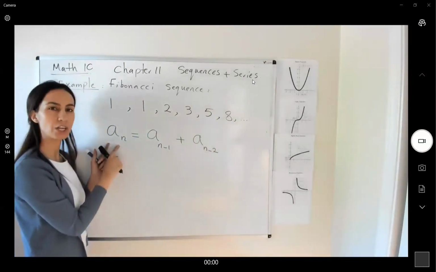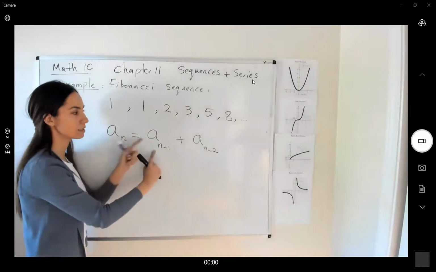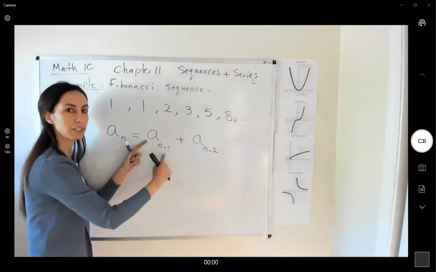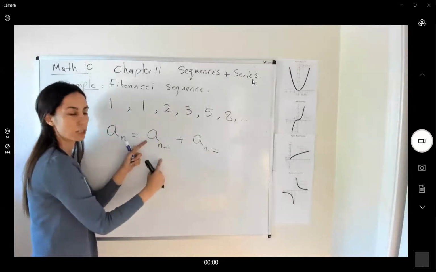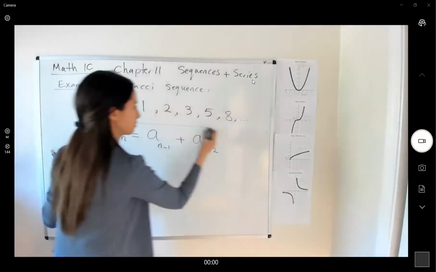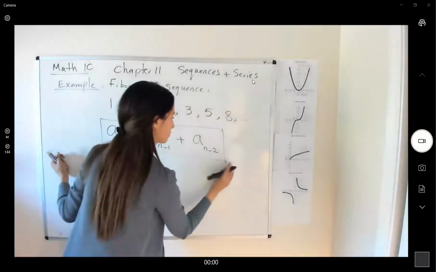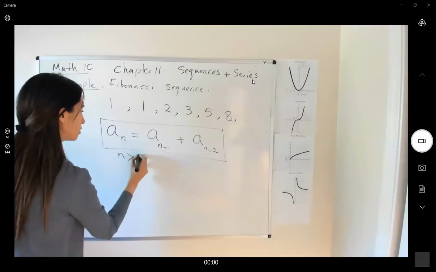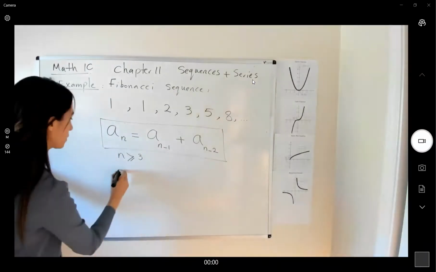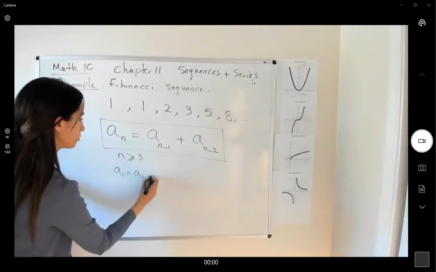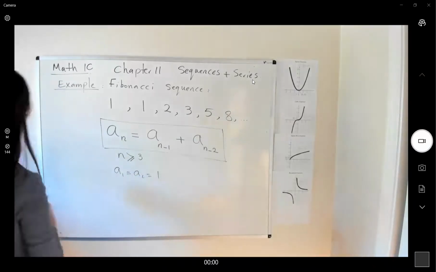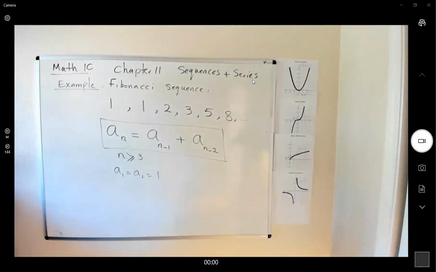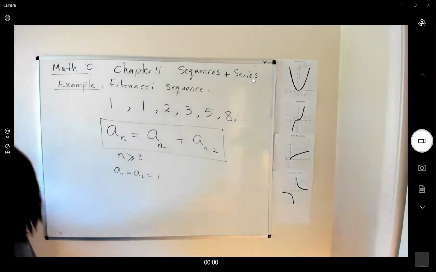So the general term of your sequence is the sum of previous consecutive terms, and n is greater than or equal to 2. A sub 1 is equal to a sub 2. Both of them are equal to 1. Very well.